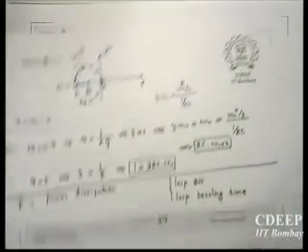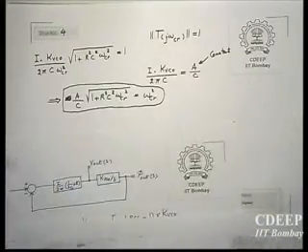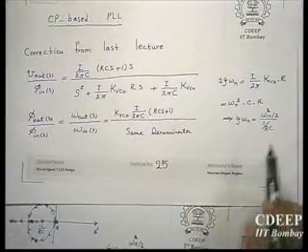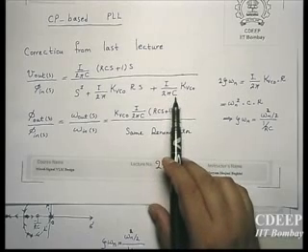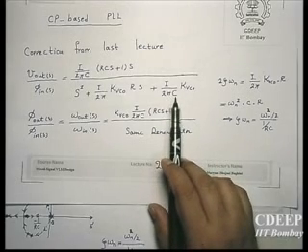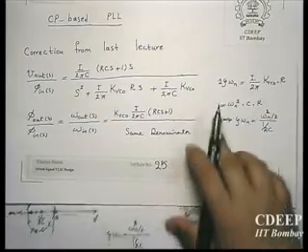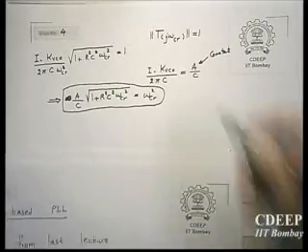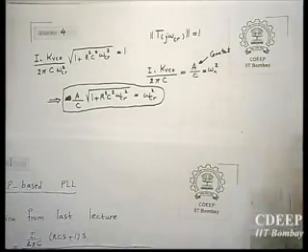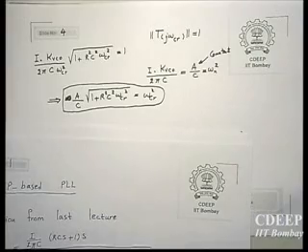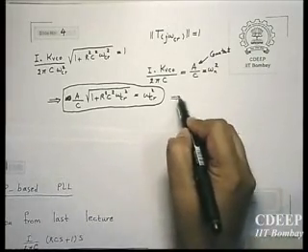And omega n itself is a function of these two parameters, because omega n square is determined by I K VCO upon 2 pi C. And because here again only C is a variable, therefore eventually you have this relation.